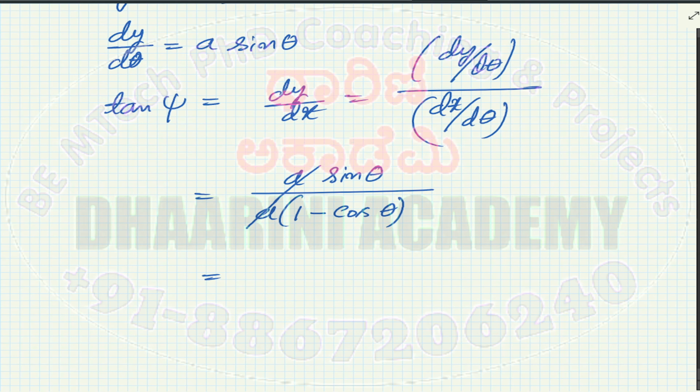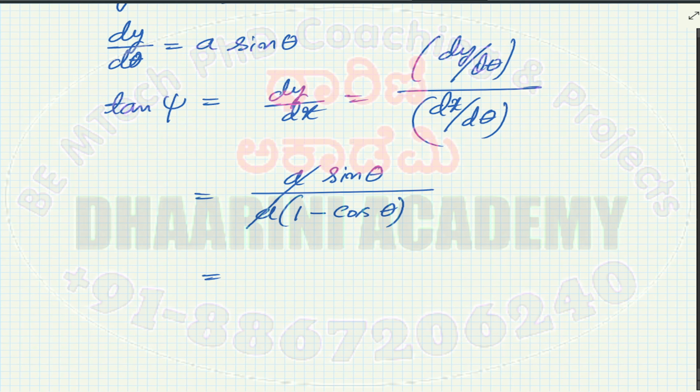Because of this, I'm left with, on the left hand side, tan psi, that is equal to, oh sorry, cos by sine, right? So it is not tan, it is cot. This is cot of theta by 2.